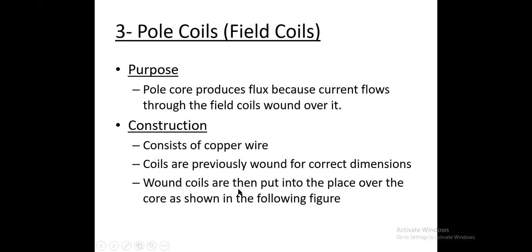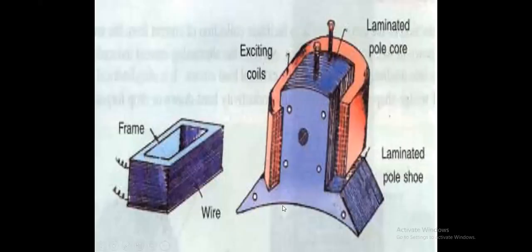Wound coils are then put in place over the core as shown in the following figure, which you can see here. These are the frames of coil wires. These are the slots for the number of turns.